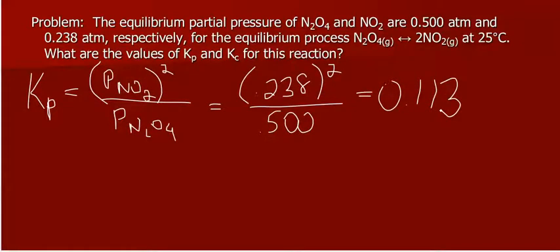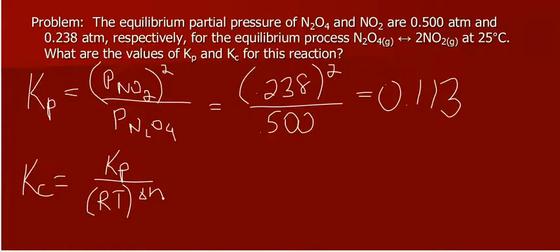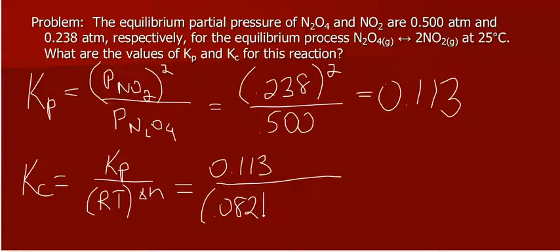If I want to find Kc, I would take Kp divided by RT raised to the delta N. Kp I just found. R is 0.0821, the gas constant R. T is temperature in Kelvin. We're at 25 degrees Celsius, so 298 Kelvin.